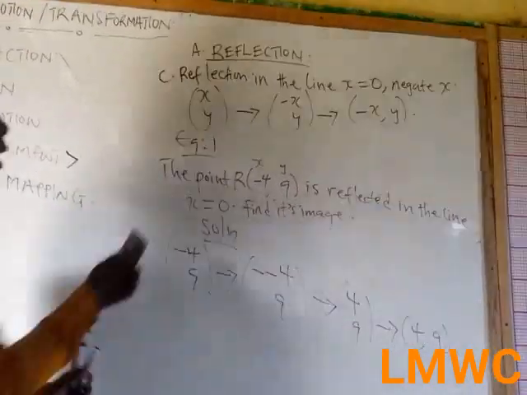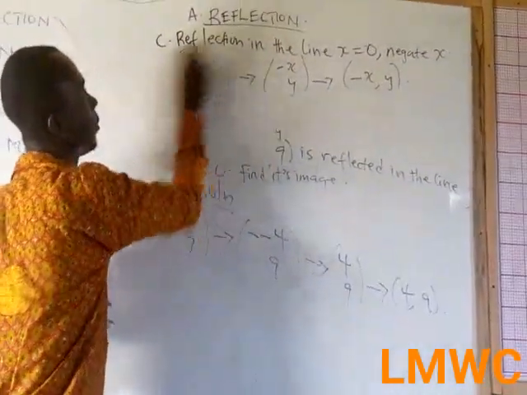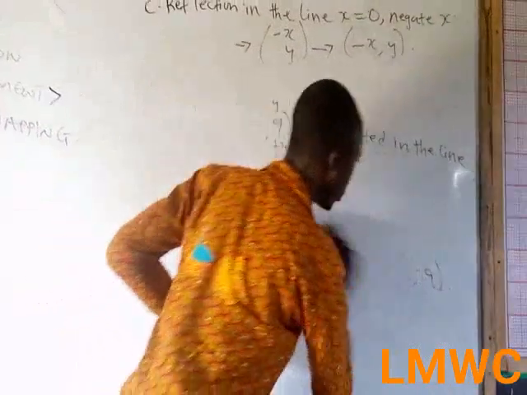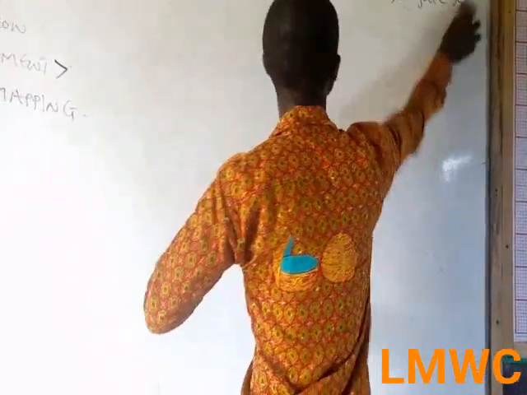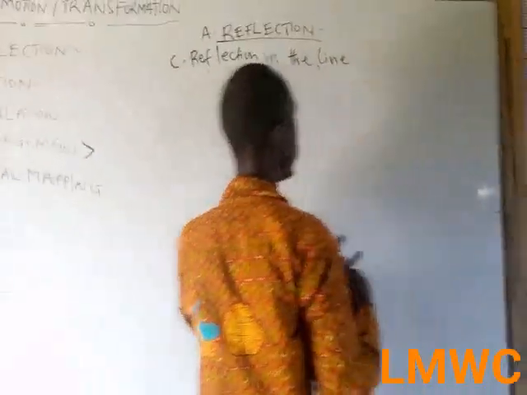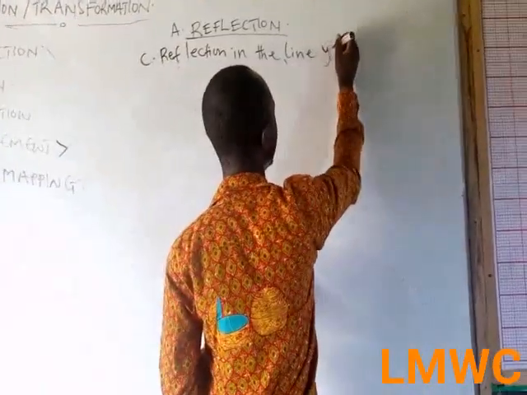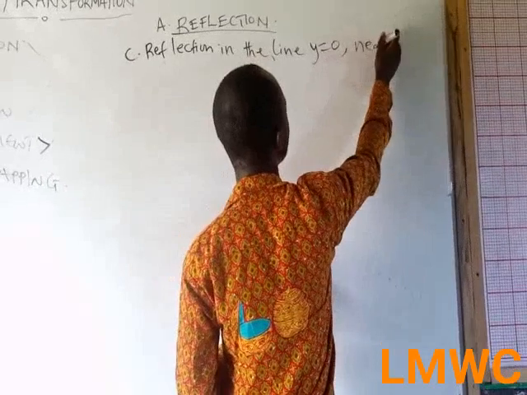We have another one, which is reflection in the line y is equal to 0. Once x is equal to 0, and I make mention of y is equal to 0, what comes to mind? This one will negate y.